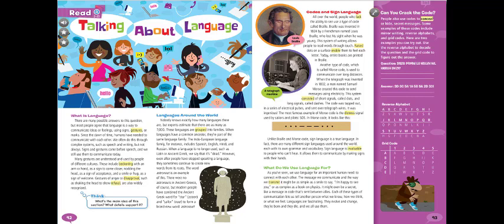The code was tapped out in a series of electrical pulses and sent over telegraph wires. It was ingenious. The most famous example of Morse code is the distress signal used by sailors and pilots, SOS. In Morse code, it looks like this.